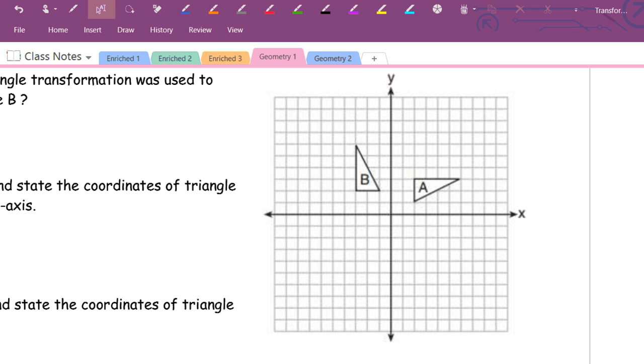What's one point that we would have? All right, so we'd have the point 2, negative 1. What's another ordered pair we'd have on this? 2, negative 3. Perfect. We've got one more to go through and get.